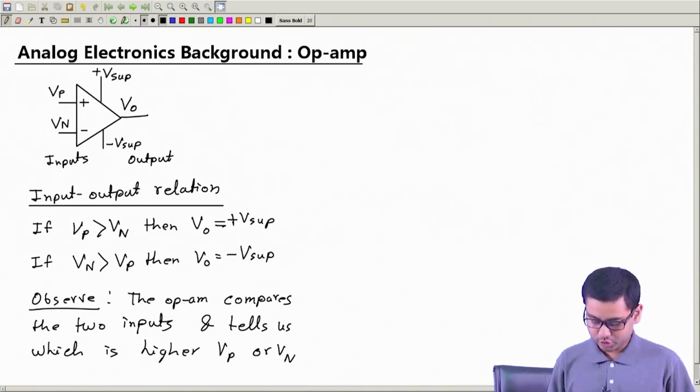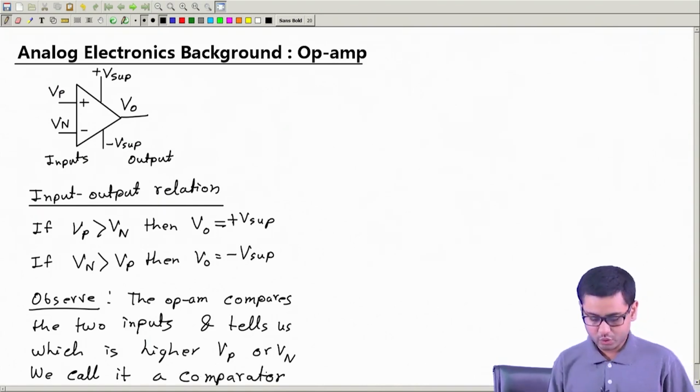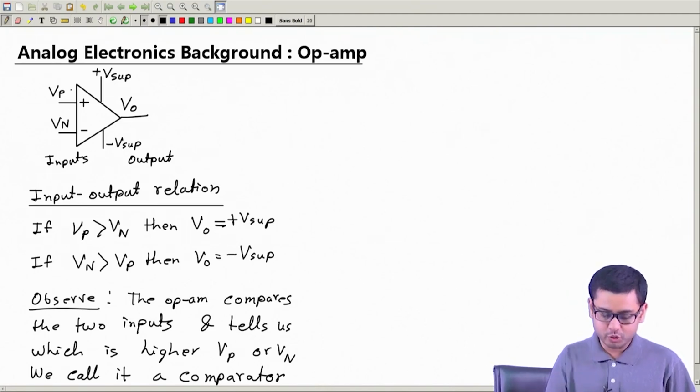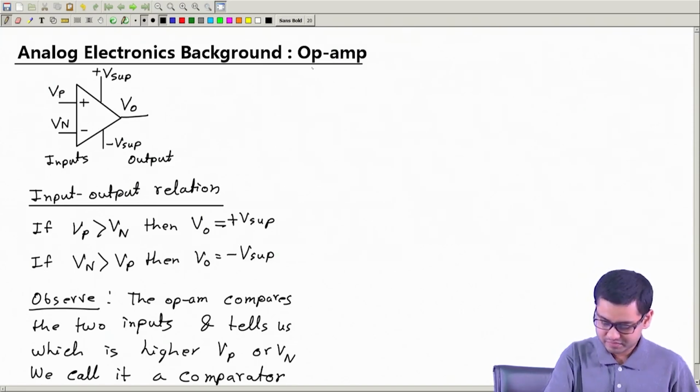This is so simple. That's why we call an op amp also a comparator, because it compares the two inputs and tells us which is higher, Vp higher or Vn higher, as simple as that.